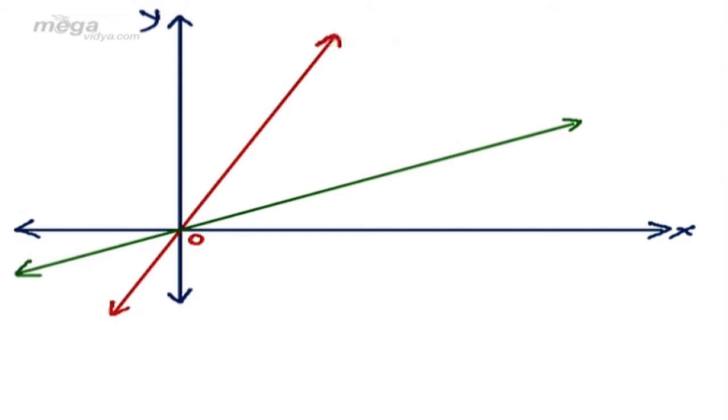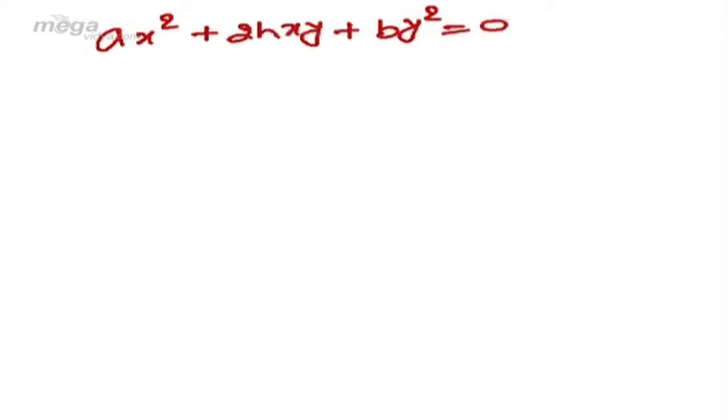Suppose this is line 1 and this is line 2. If you take ax square plus 2hxy plus by square equal to 0, this is the equation. Now if you can factorize this equation into two linear factors, then it represents two straight lines.